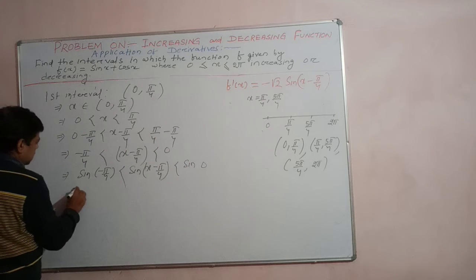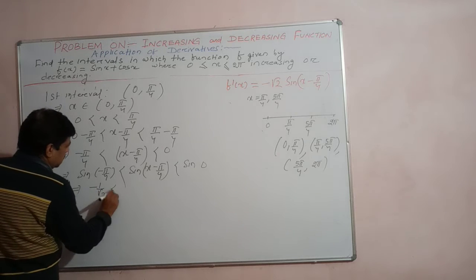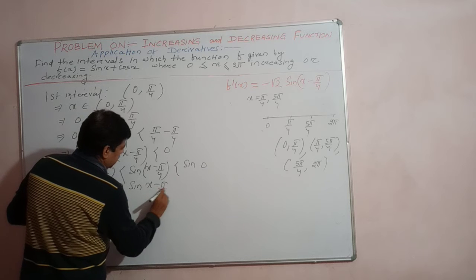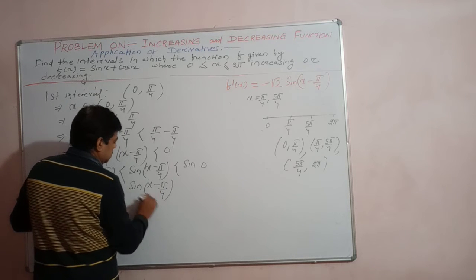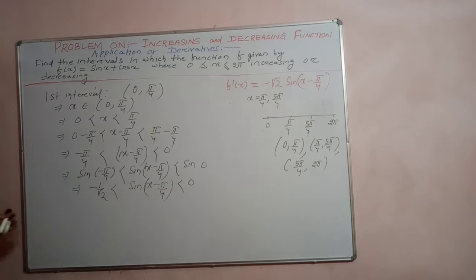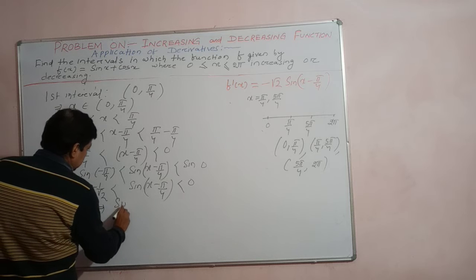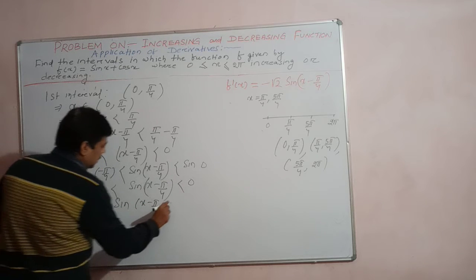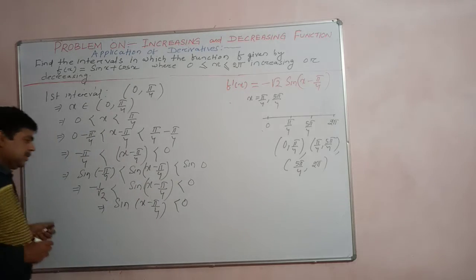That implies minus 1 upon root 2 is less than sine of x minus pi by 4, which is less than 0, since sine 0 is 0. So sine of x minus pi by 4 is less than 0.